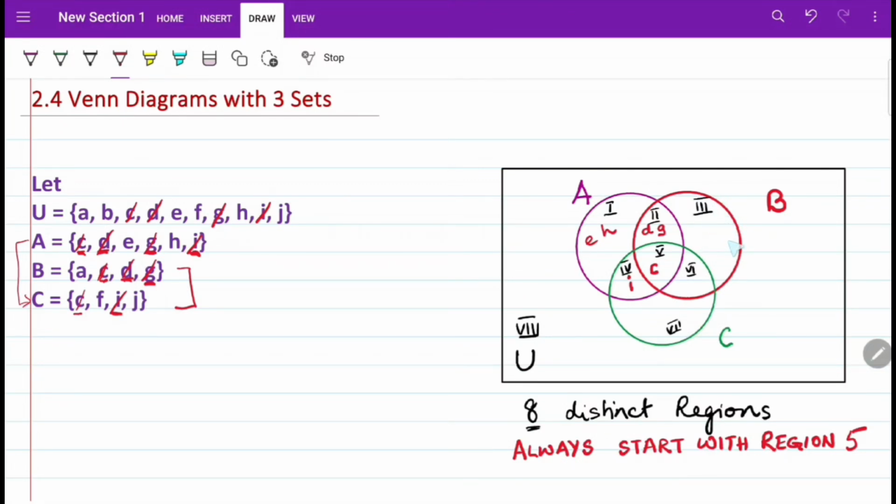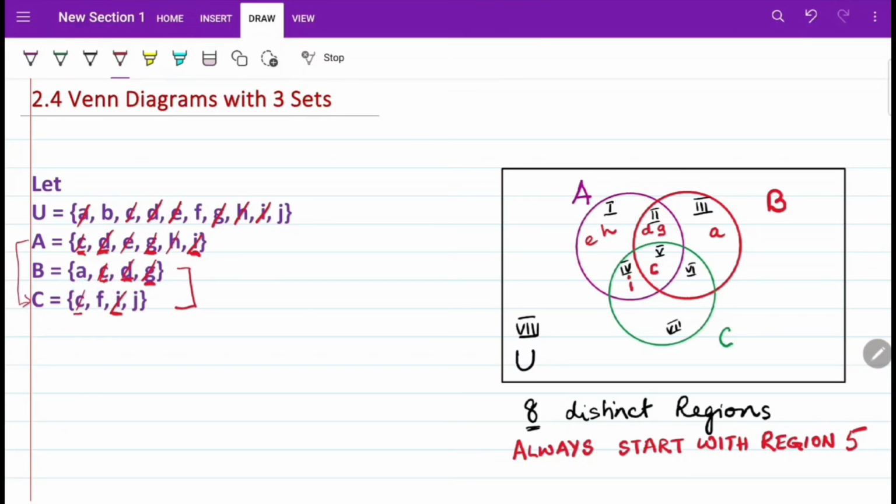will contain the elements unique to B, all right, unique to the set B, and that's just A. So I'm going to cross out the A, and I'm also going to cross out E, H from the universal set as well. All right, I crossed out E, H, those are taken care of.